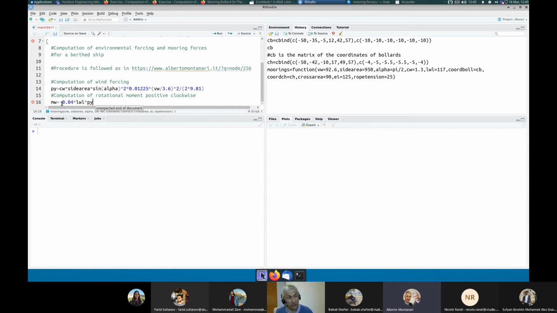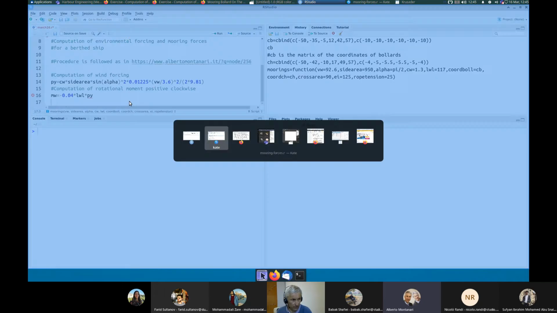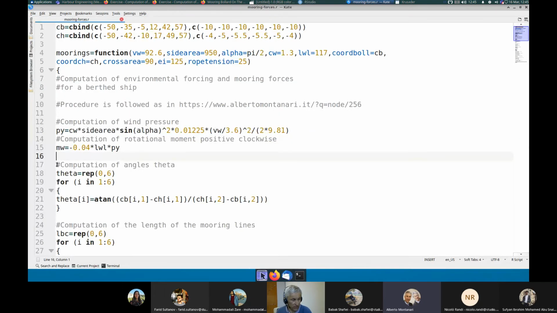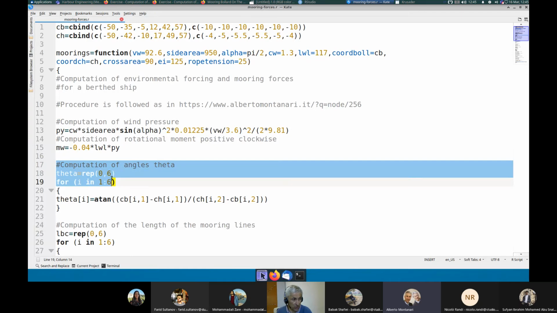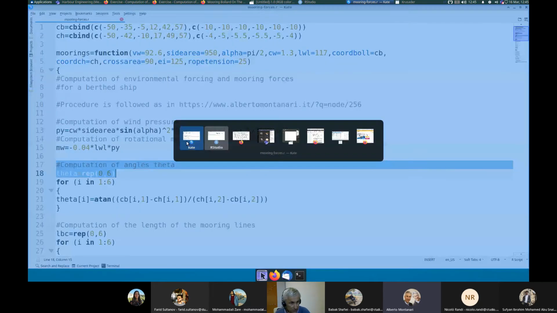And then I put the negative sign because the rotational moment is positive clockwise, so given the direction of the wind, according to this convention, I need to give the negative sign. And this is our rotational moment. Let me now move forward with the computation of the angles theta. What are the angles theta? Let me show you the figure.